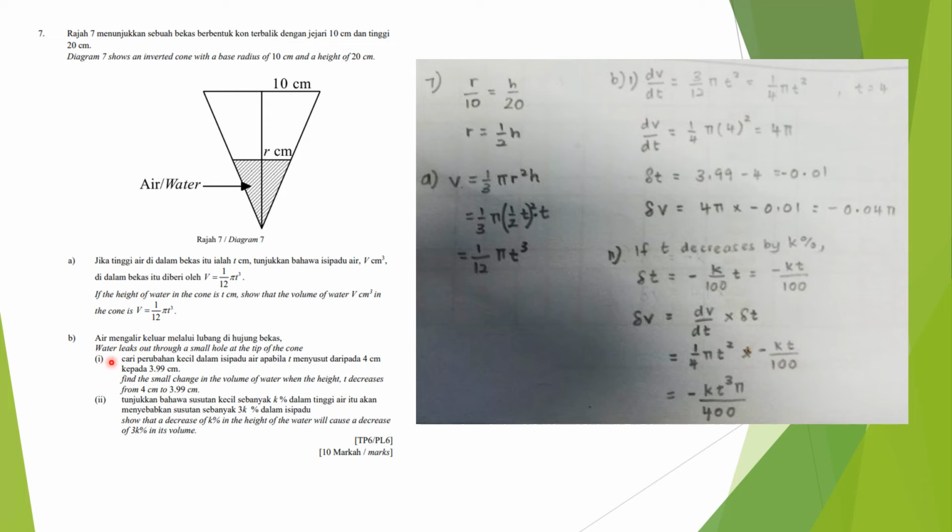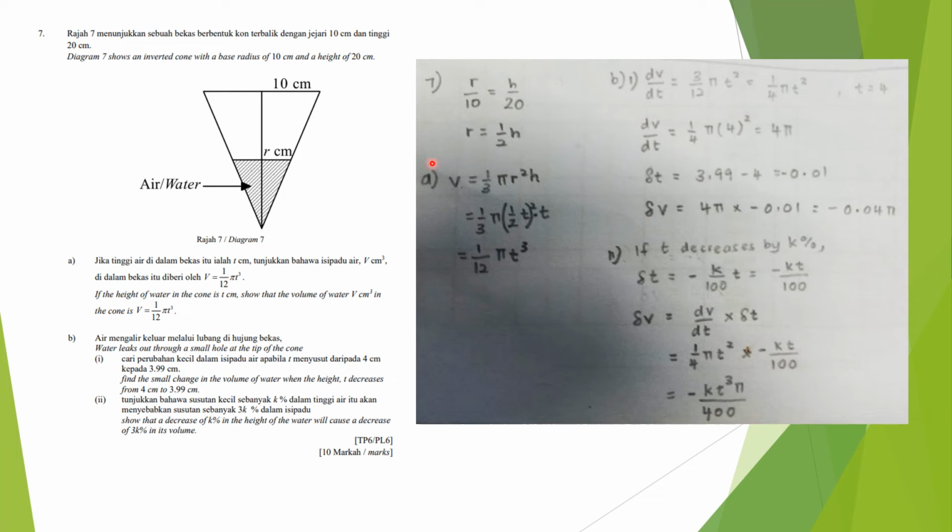Then for part B, water leaks out through a small hole at the tip of the cone. So leaks out means the volume is decreasing. So find the small change in the volume of water when the height decreases from 4 to 3.99.